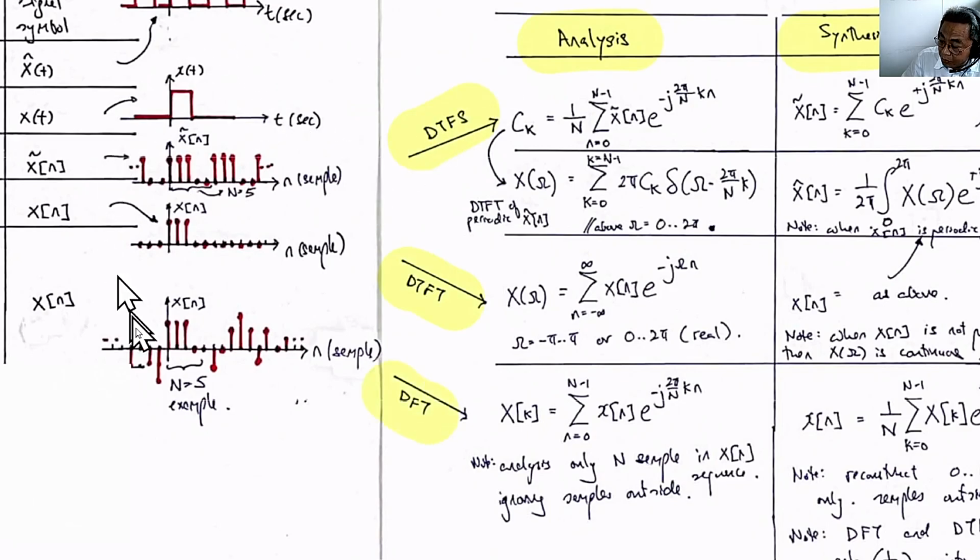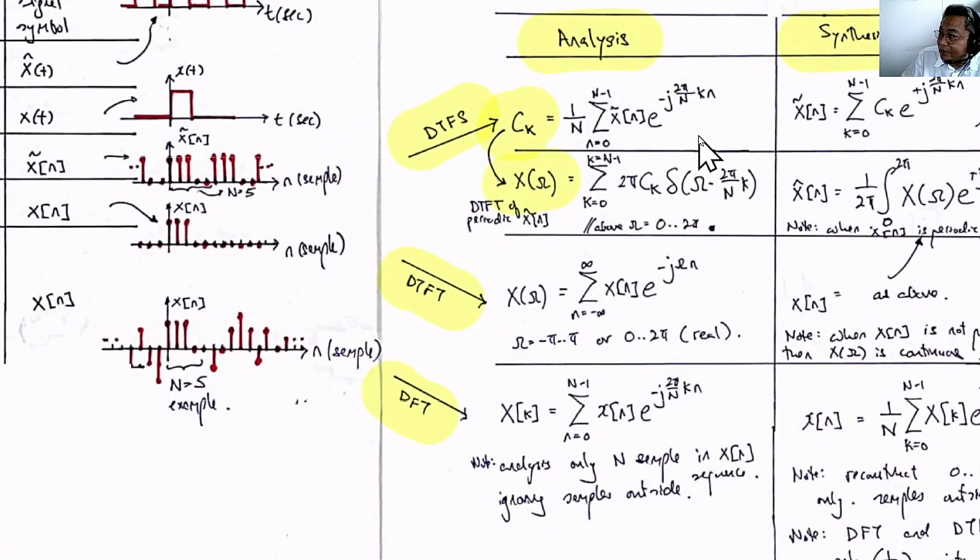It takes the original sequence x of n and breaks it down into complex exponentials. So when we say we take the DTFS of this signal, we're asking you to calculate c_k. If we ask you to calculate the DTFT of the periodic signal, what you have to do is to calculate the DTFS and then convert it into the DTFT representation. We'll show you how later.